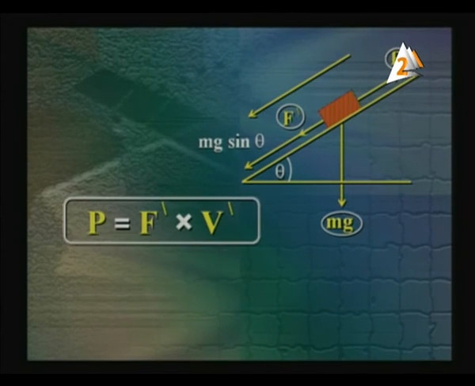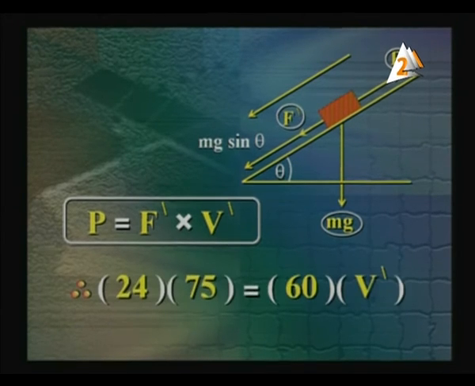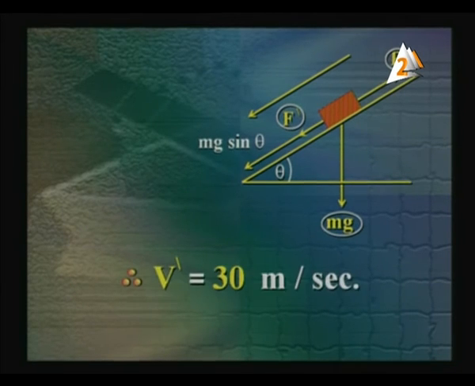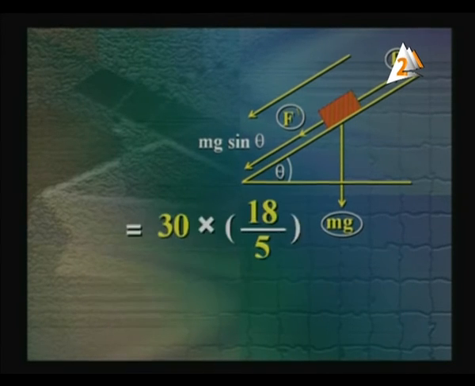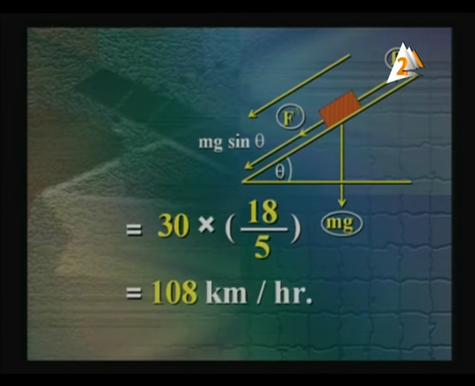And now, since the power P equal F dash times V dash, or 24 times 75 equal 60 times V dash, and we get that V dash equal 30 meter per second, or 30 times 18 over 5, which is equal to 108 kilometer per hour.